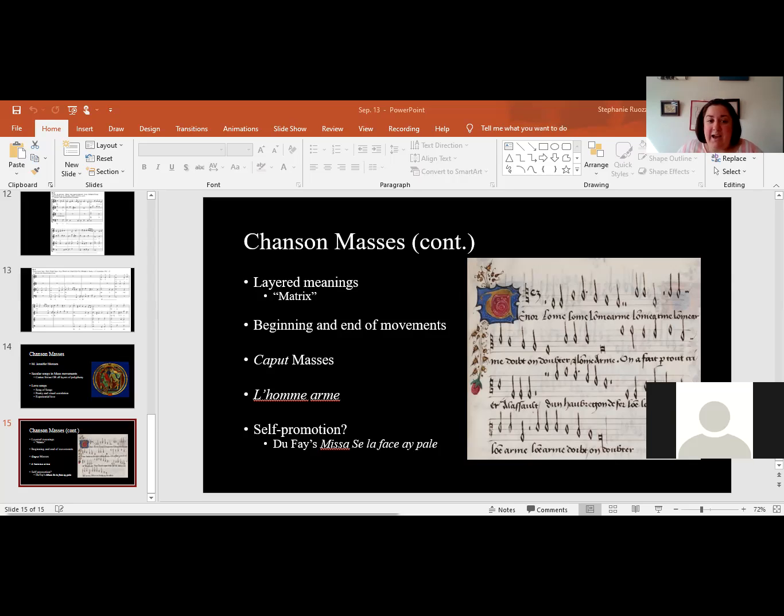And that's what Guillaume Dufay did with his Missa C'est la fa sa pal. So C'est la fa sa pal is a secular love song, and Dufay builds a whole mass on his own secular love song. So that's why these chanson masses are valuable to composers as well as valuable to listeners.